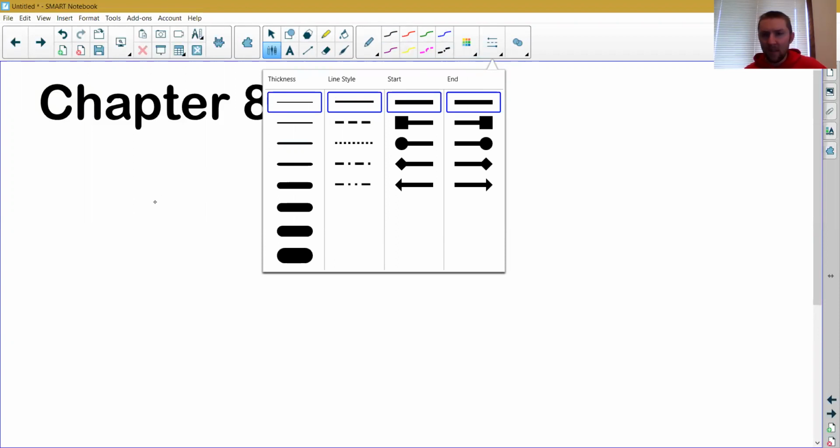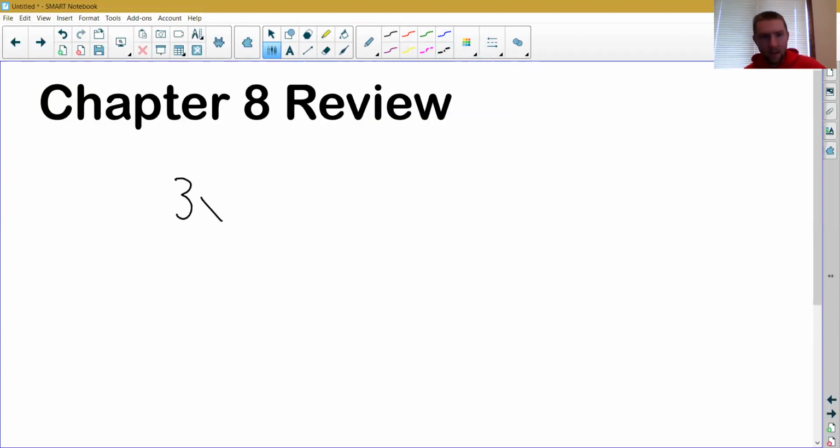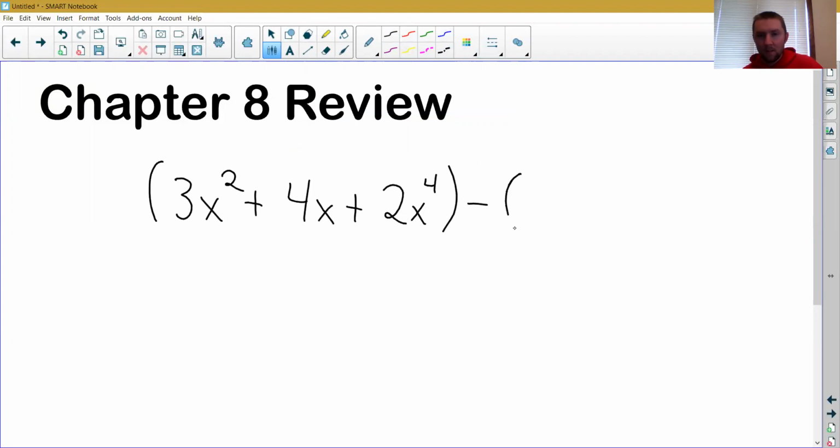So an example from that first section would be something like if I have 3x squared plus 4x plus 2x to the fourth, and then that polynomial is, well, if we minus from that, let's say 2x minus x squared.